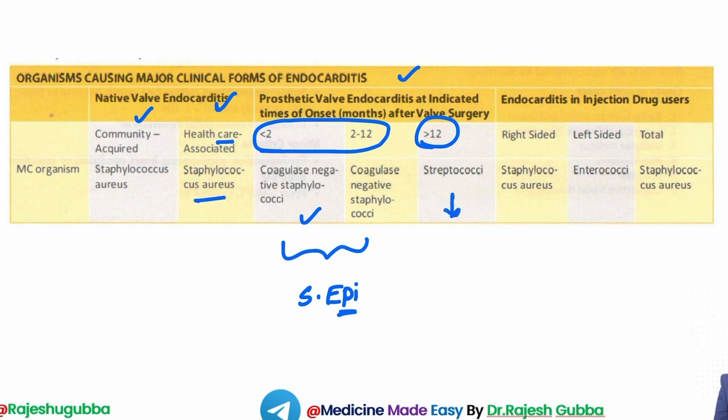In intravenous drug abusers, for right-sided valves the most common organism is Staphylococcus aureus; for left-sided valves, it is Enterococci. Overall, the most common organism is Staphylococcus aureus. Okay, next question.